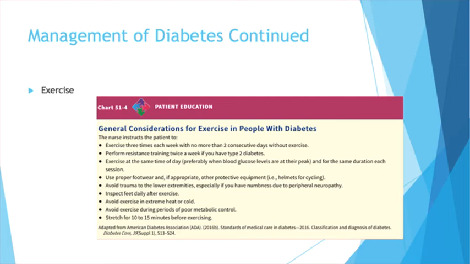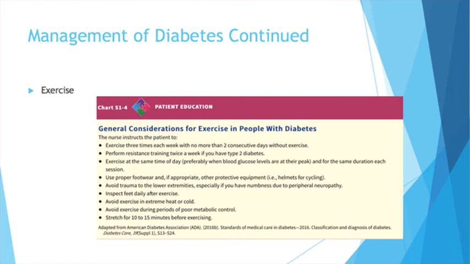They need to use proper footwear and protective equipment. You want to teach them to avoid trauma to the lower extremities, especially if they're experiencing any numbness or peripheral neuropathy, because then they're at risk of injuring themselves without even really knowing it. They need to inspect their feet daily after exercise.